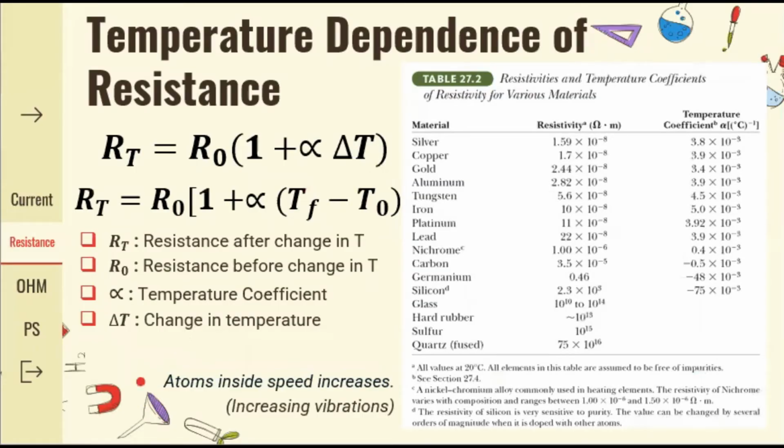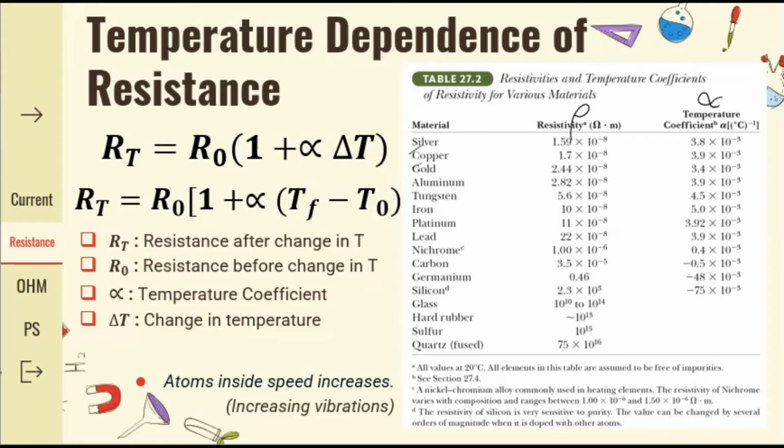Here we see the values of resistivity and the temperature coefficient alpha of specific materials, especially metals, because metals are what we use in a circuit, especially for wires.